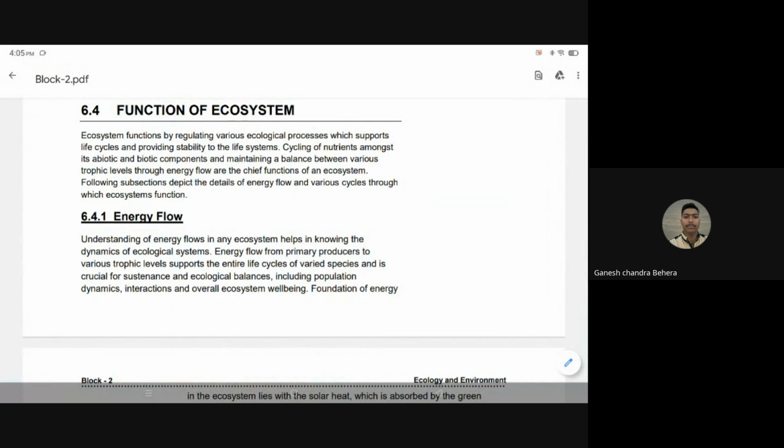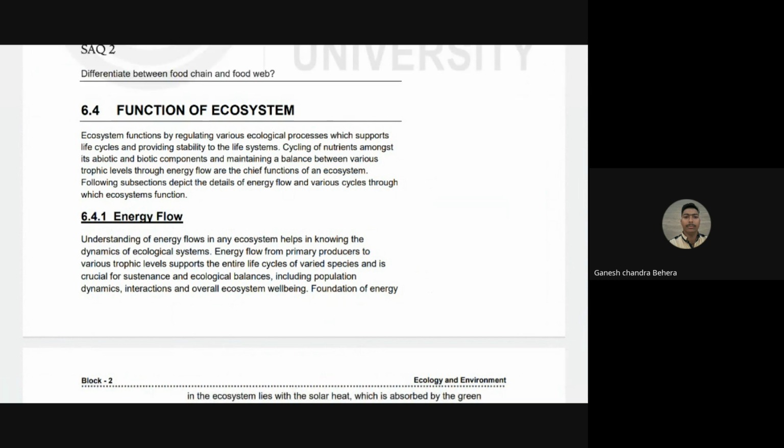So within the functions of an ecosystem, you have energy flow, and to understand the energy flow, you need to understand the hierarchical framework of the ecosystem, that is basically the trophic levels. Now, to understand the energy flow within an ecosystem, you need to understand the laws of thermodynamics. There are basically two laws.